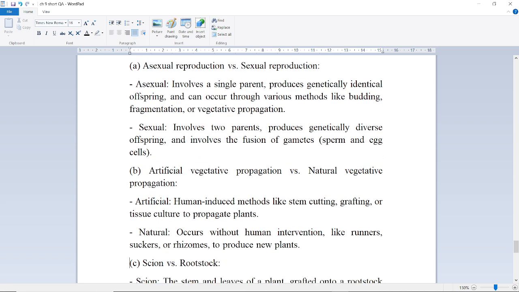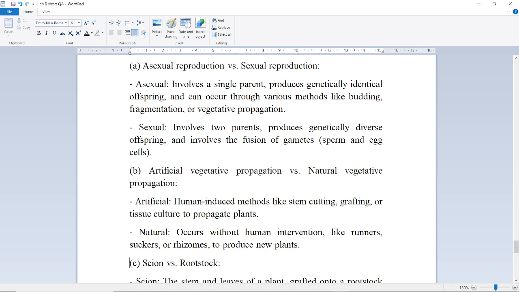Asexual reproduction involves a single parent, produces genetically identical offspring, and can occur through various methods like budding, fragmentation, or vegetative propagation. Sexual reproduction involves two parents, produces genetically diverse offspring, and involves the fusion of gametes, sperm and egg cells. Next is artificial vegetative propagation and natural vegetative propagation.